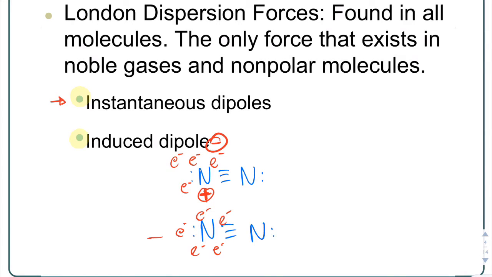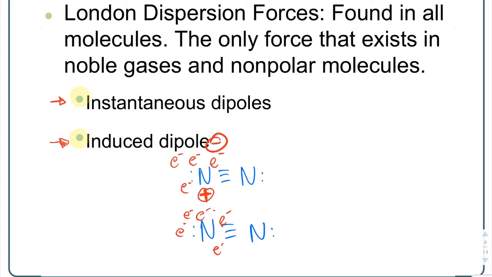Well, these electrons right here are going to respond to that. And what happens is maybe one of these electrons gets pulled up here. And what did we just do? We induced a dipole in the neighboring atom. Induced means you caused something to happen.